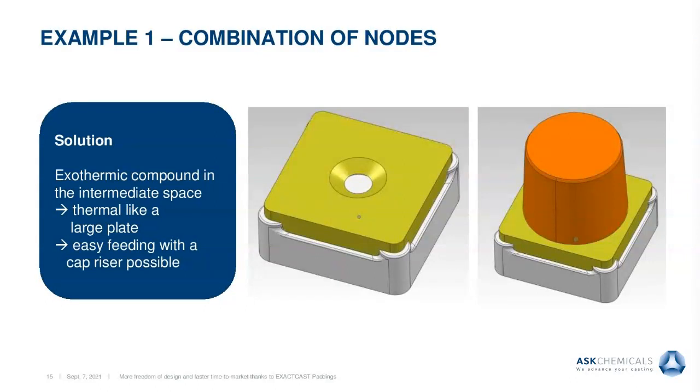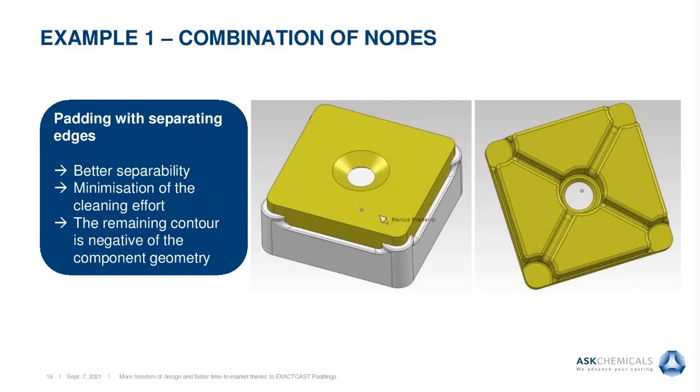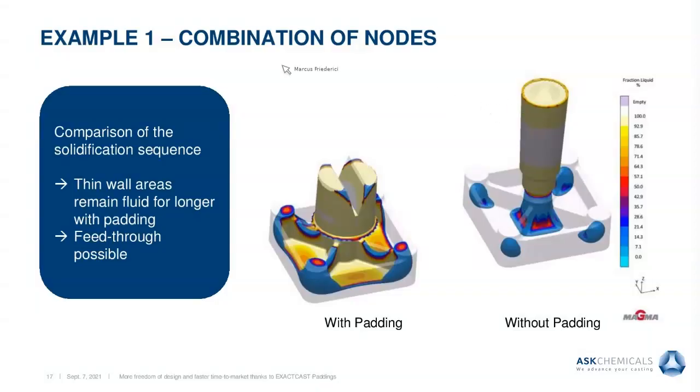In that case, you just bring in the exothermic material, and you place a riser sleeve on top. To have better separability, you can also add a breaker edge here, and the rest of the geometry of your padding is the negative of your cast component. This one we will put in simulation and check for the results.